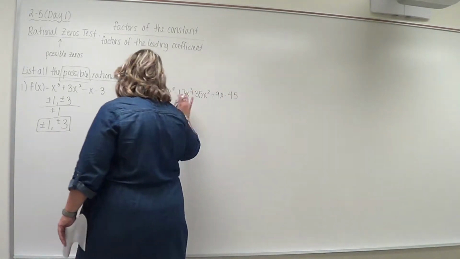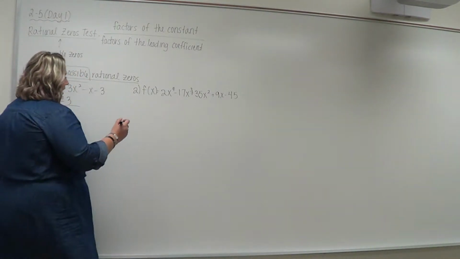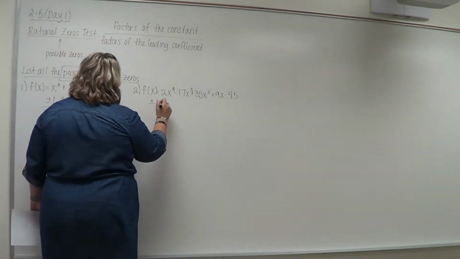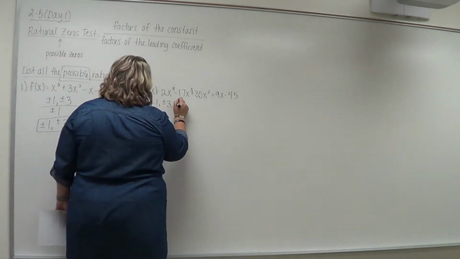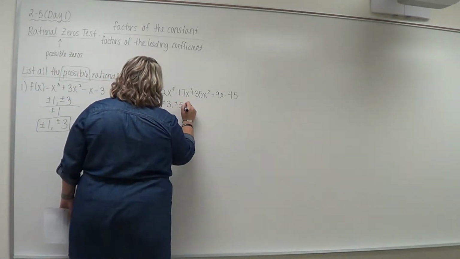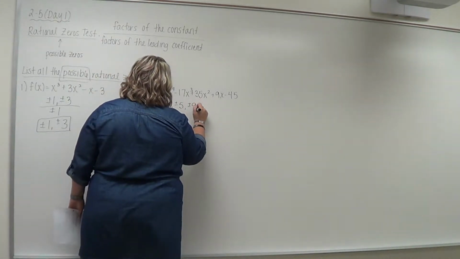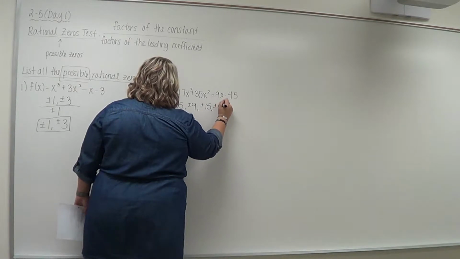Okay, so I want to do factors of 45, and I'm going to go in order, you don't have to. So I have plus or minus 1, plus or minus 3, plus or minus 5, plus or minus 9, plus or minus 15, plus or minus 45.